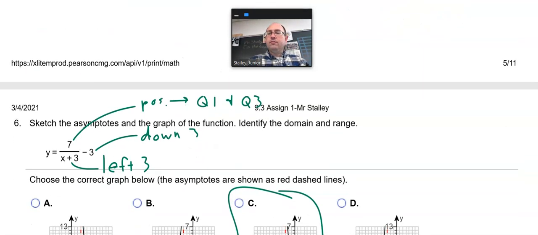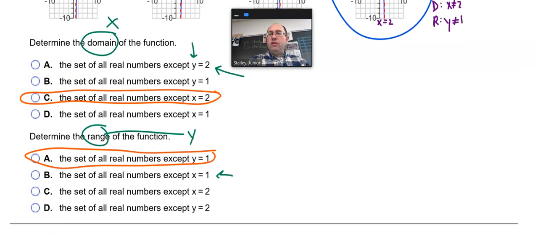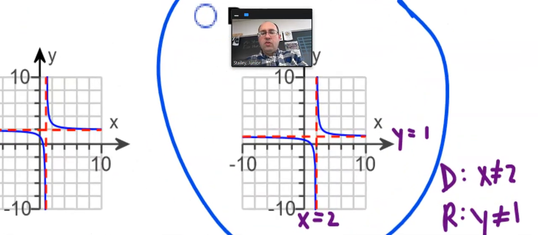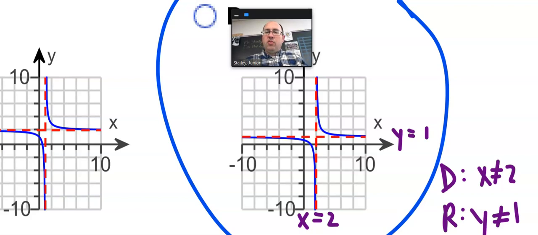Next one. Once again, got a positive 7, so we know that we're talking quadrant 1 and 3. And I guess I didn't talk about that enough on the last one. On the last one, when we talked about quadrants 1 and 3, notice that I basically made up my own quadrants based on the new asymptotes because we've shifted around.